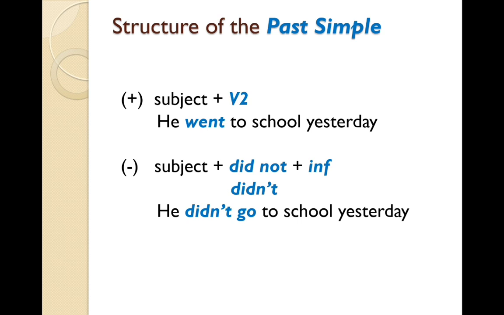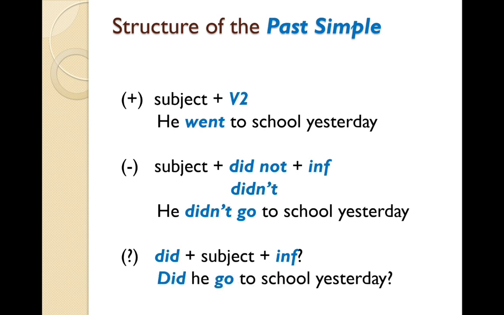He didn't go to school yesterday. For questions, we start with did plus the subject plus the infinitive. Did he go to school yesterday? So it's only in the positive phrase that we have to use the past simple form of the verb. And in the questions and negatives, we use did or did not plus the infinitive.